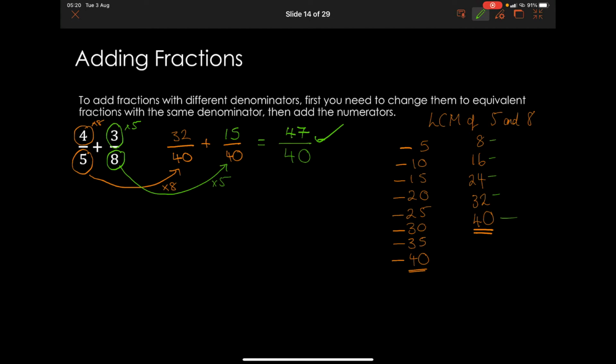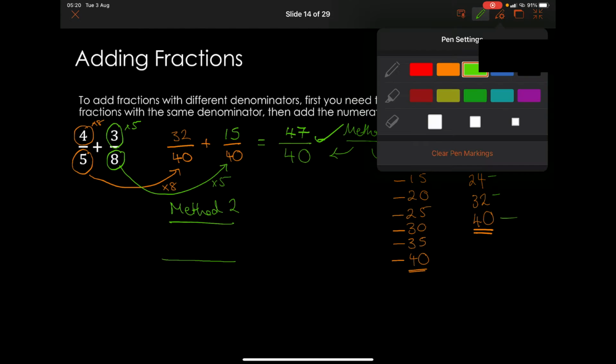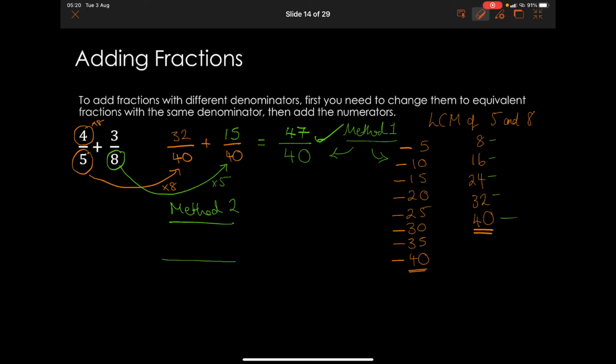Okay, now let's have a look at method 2, just to double check my answer, I guess. So this was method 1, write that there so you don't get confused. Okay, this bit and this bit. Method 2 is my cross multiply method. Remember, I write my fraction out a bit bigger, and if I just rub out again some of these circles, we have 5 times 8 on the bottom because of those two being there.